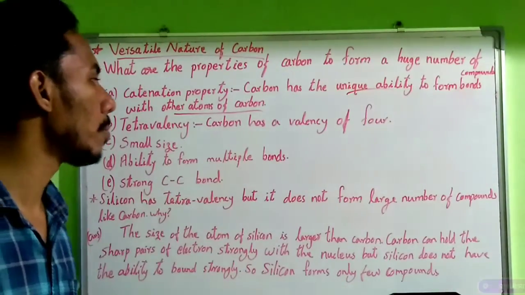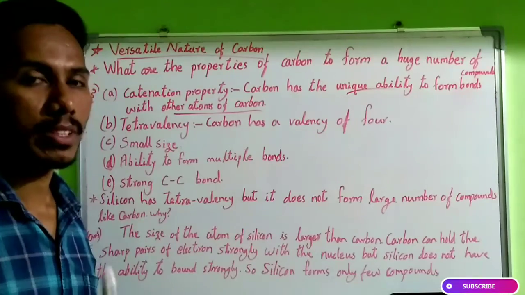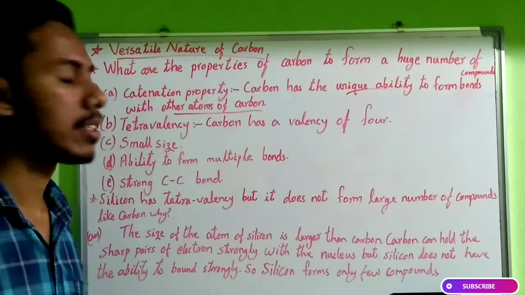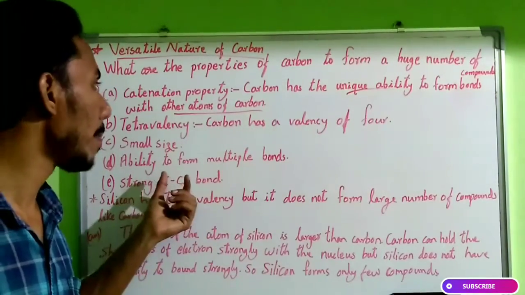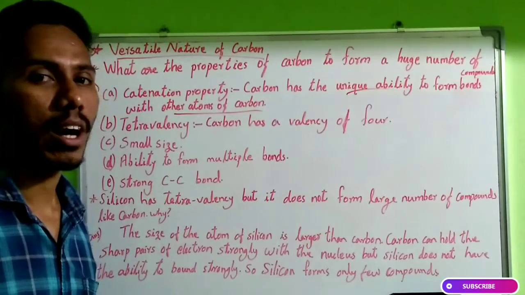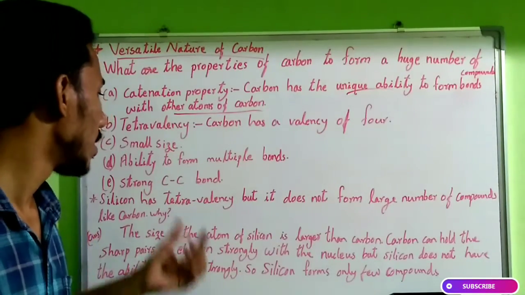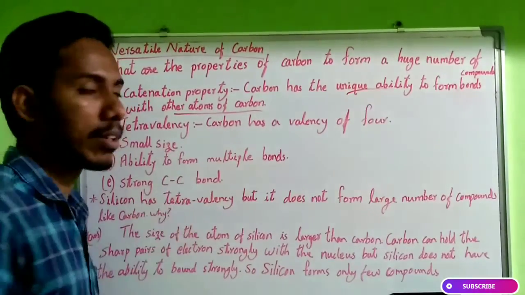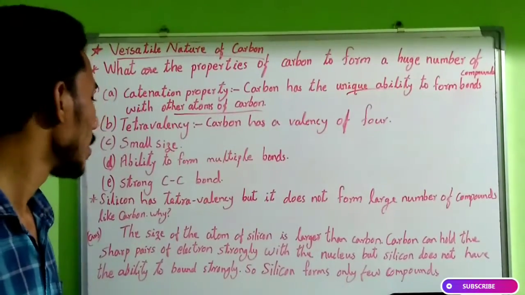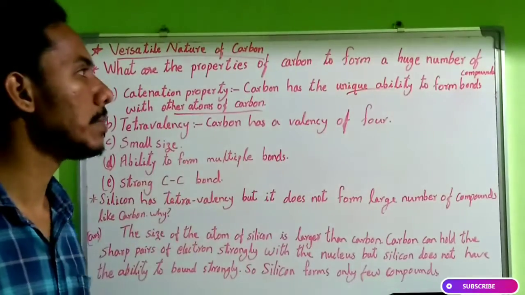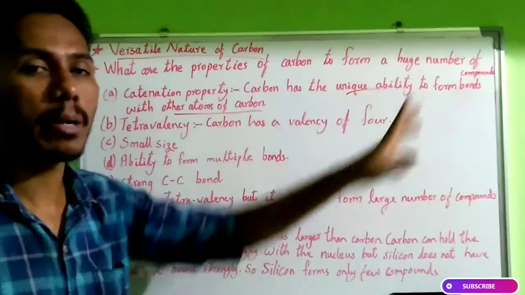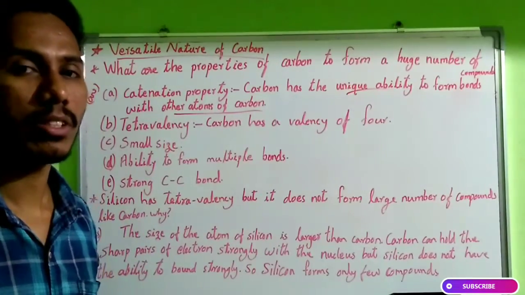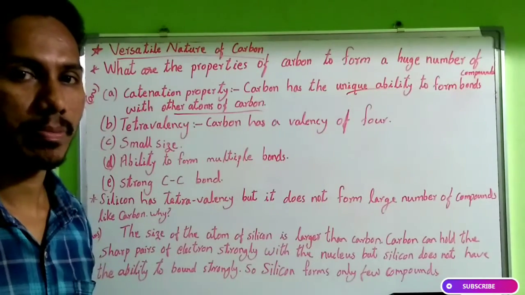Then the ability to form multiple bonds. Single bond, double bond, and triple bond can be formed by carbon. Then strong C-C bond. The carbon-carbon bond is strong. These reasons help to make a huge number of carbon compounds in our nature.